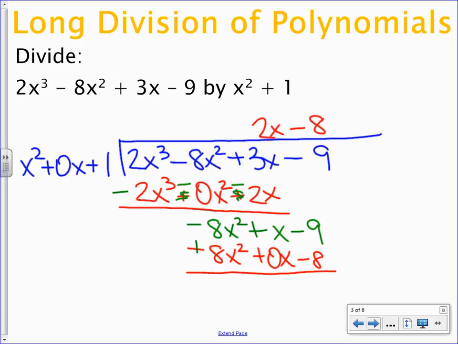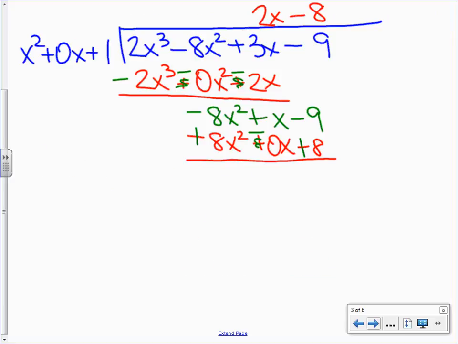Remember, we're going to subtract, so change all the signs. And what are we left with now? x minus 1.